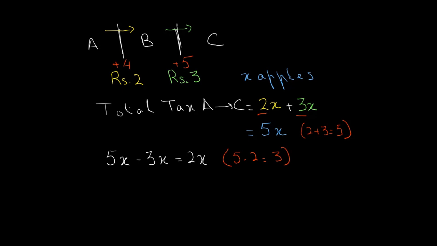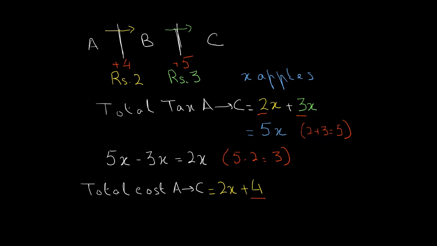So the total cost, if you include the cost of the person, as you go from A to C, because there was also the travel cost of the person, you paid 2x plus 4, and the 4 is coming in because of the person who was walking, who had to eat and travel, so that was a 4 rupee cost.